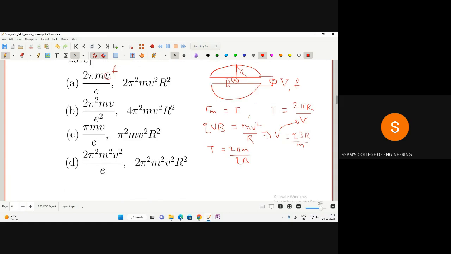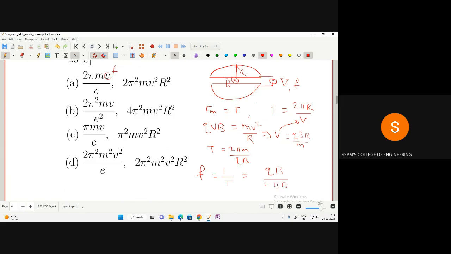And then find the frequency. The frequency is equal to the reciprocal of the time period. Take the reciprocal of the time period to find the frequency, and it would be QB divided by 2 pi m.